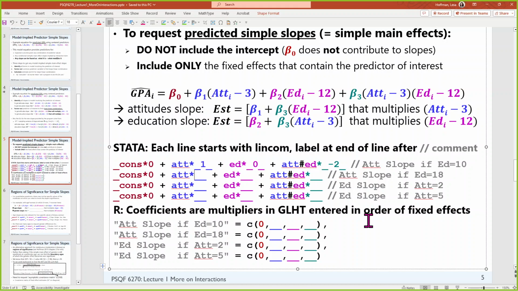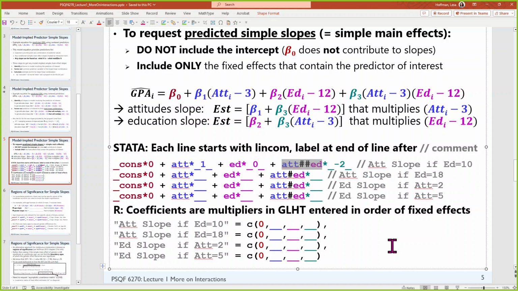Okay. You might see a double hashtag in Stata code. Yep. That gives you the interaction and then all of the lower order slopes. And yeah, so in our example that we have here with GPA and these things, you could put in just that into your model, and it'll include the interaction and then it'll include the attitude slope and the education slope without having to put them in like that.